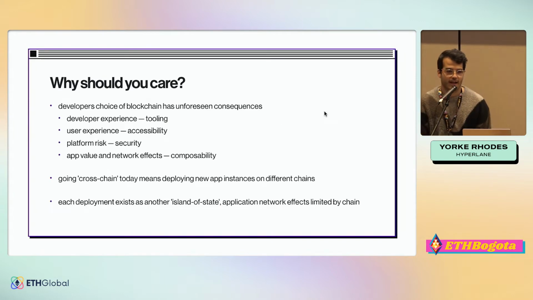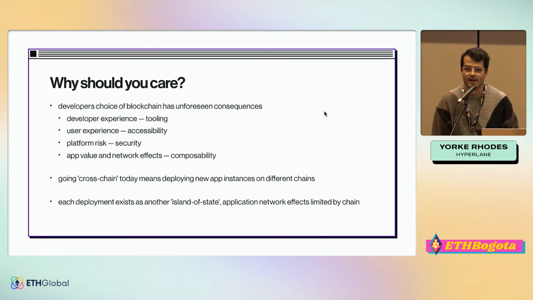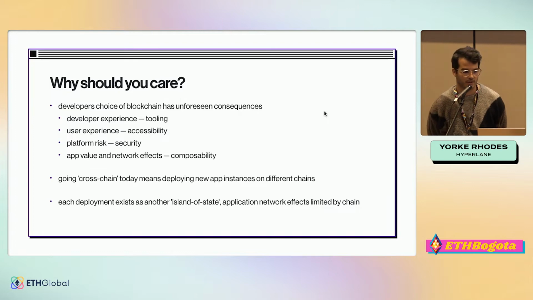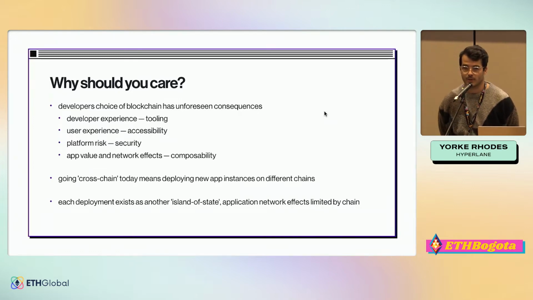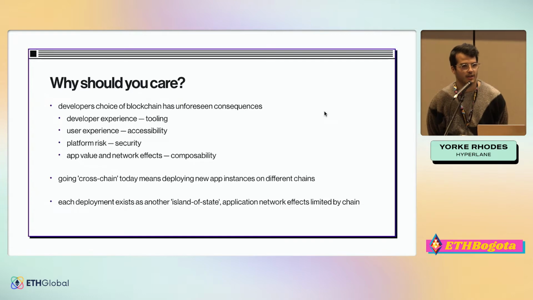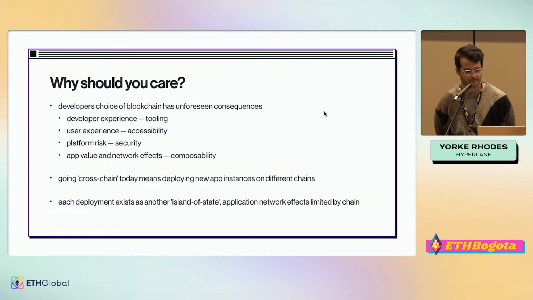So why do we care about interchain applications, and why should you be building one? Today, developers that are building dApps are faced with this choice of which chain they want to deploy on when they're launching their V0. And I think what developers don't realize a lot of the time is that that choice has a lot of downstream consequences.